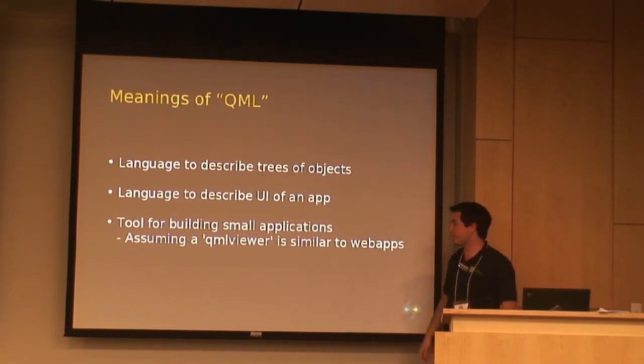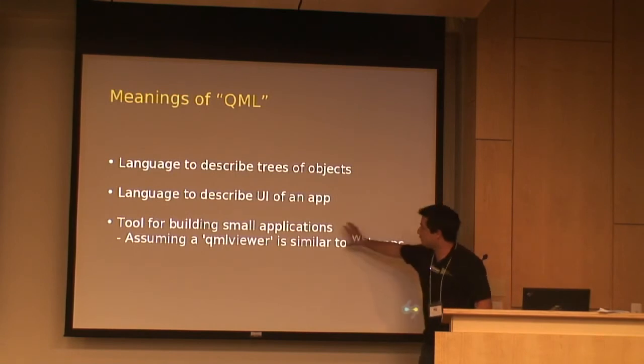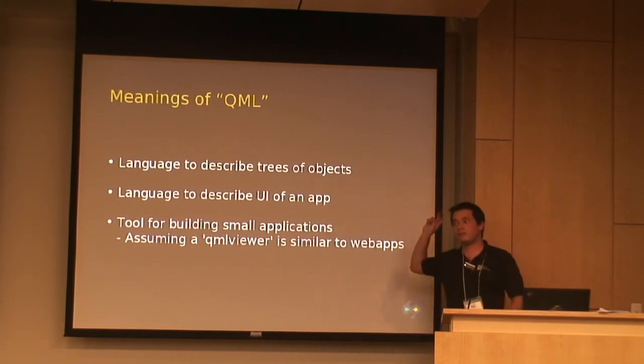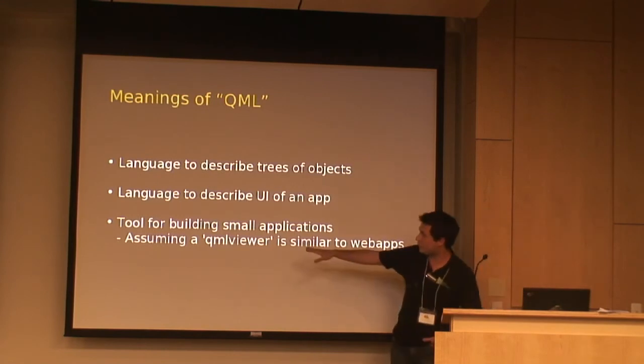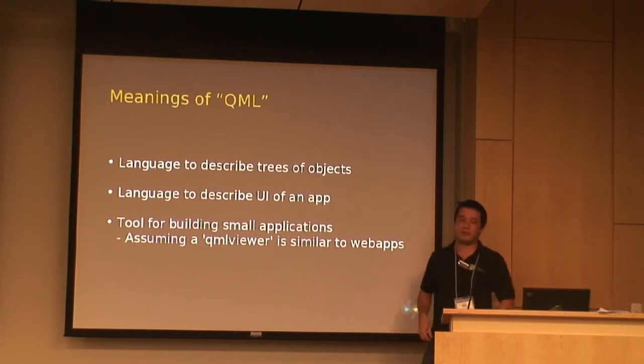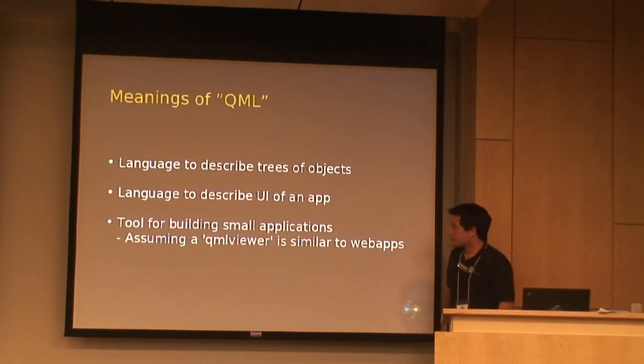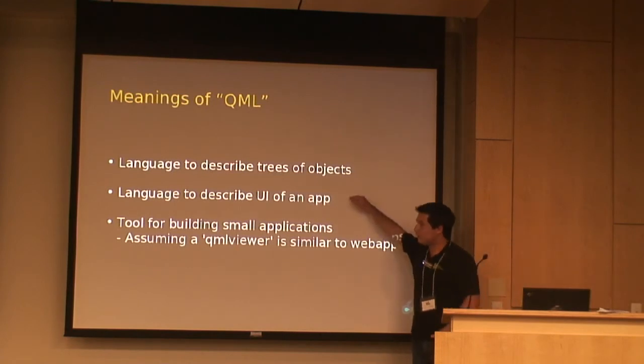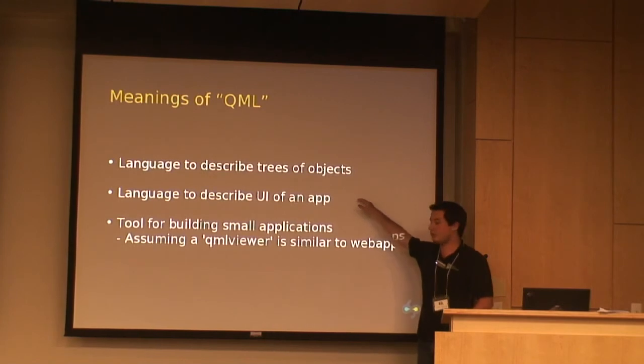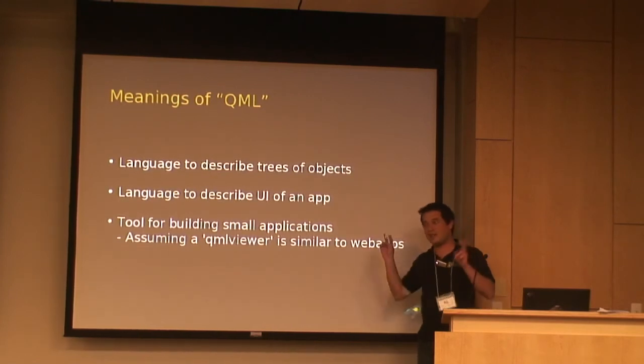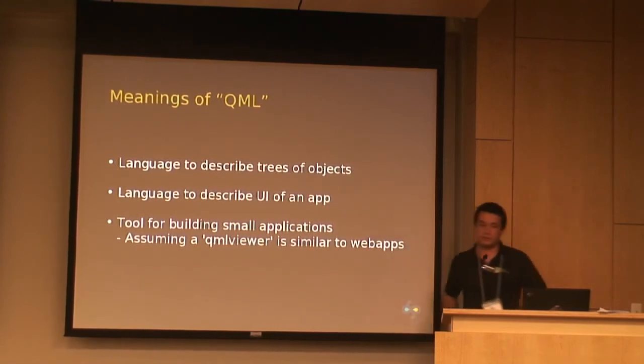If you remember the analogy, this is like viewing QML as a new HTML plus CSS. So this QML viewer is like a browser. QML is good for both describing the applications and also doing entire small applications.